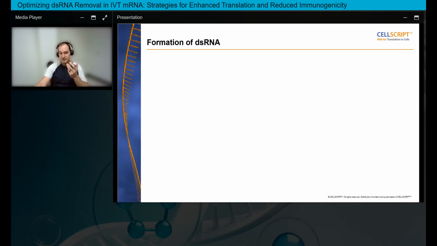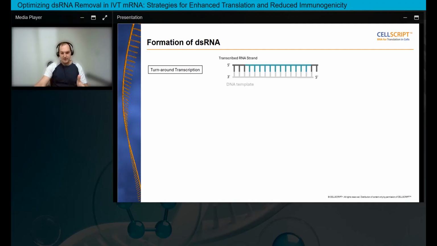The formation of double-stranded RNA is interesting because it uses a lot of different classifications of what RNA is and what T7 does to be created. And the most interesting and probably common type of double-stranded RNA is something called turnaround transcription. Now you have your DNA template, right? And you have your RNA that gets created on that template.